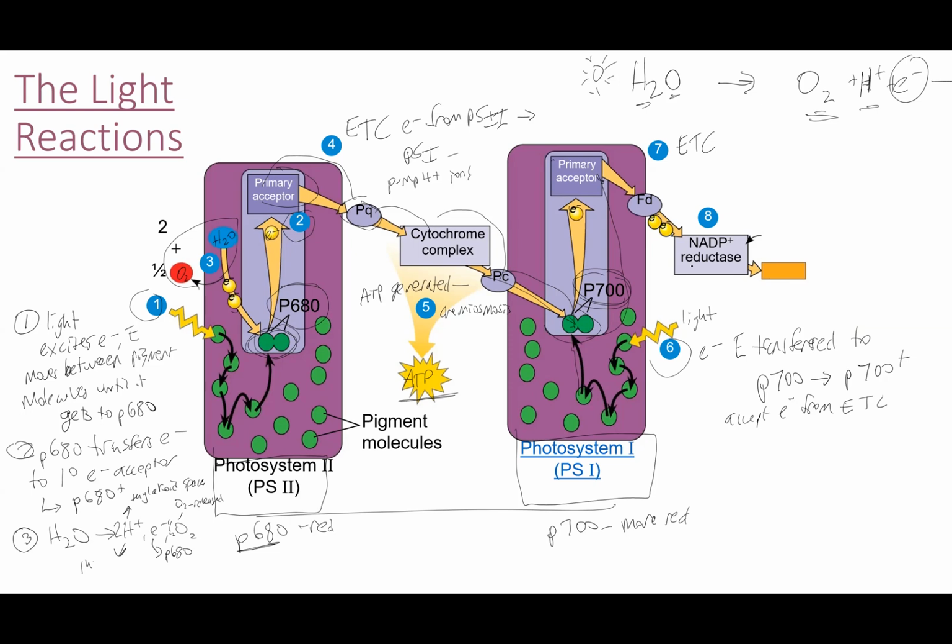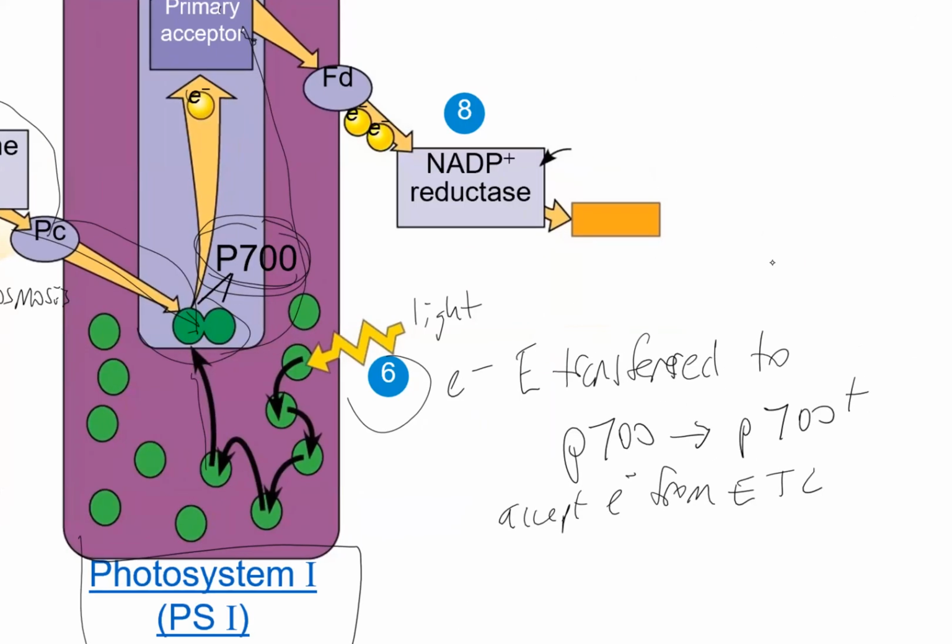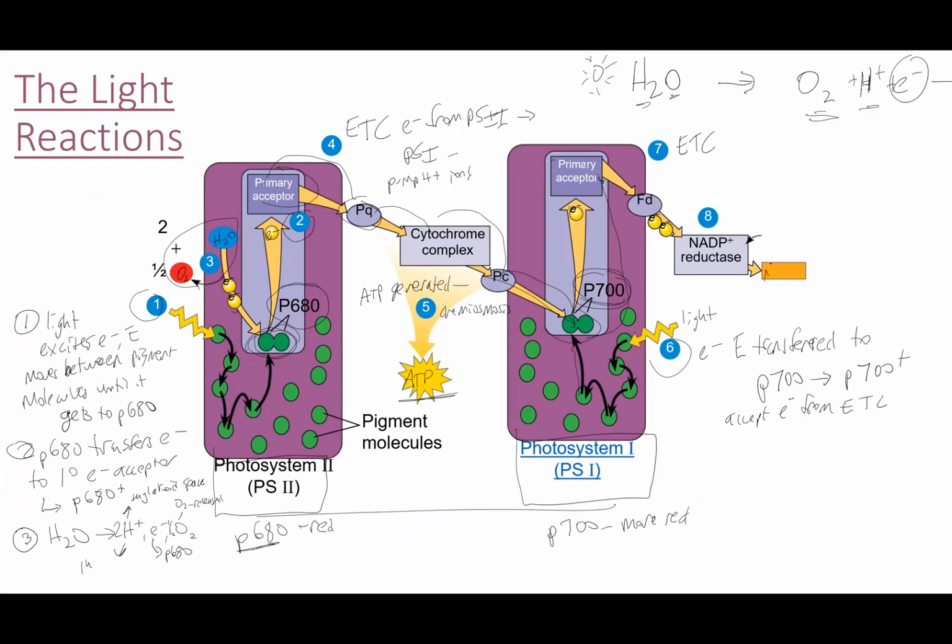The name reductase tells us it's going to do what? Reduce. What is it going to reduce? NADP plus, because this is a little bit different than the other one. It's going to reduce NADP plus, and it's going to form NADPH, which is a full electron carrier.